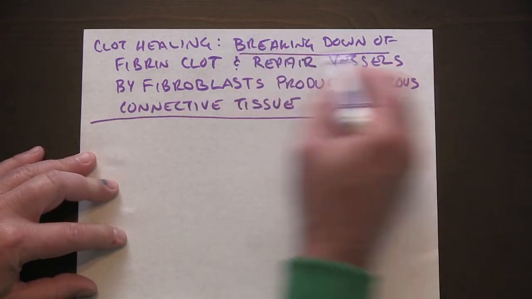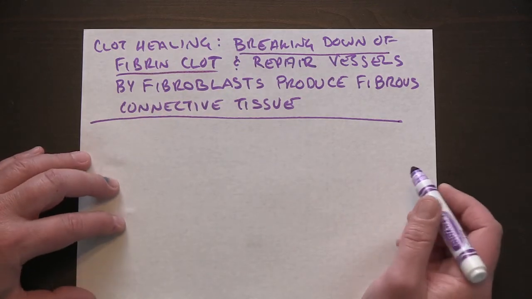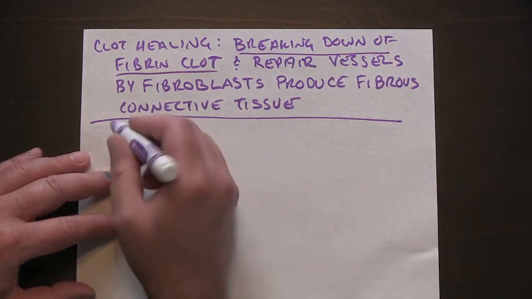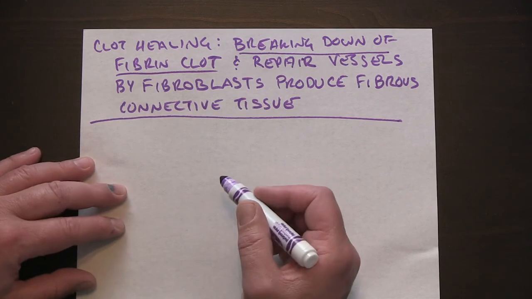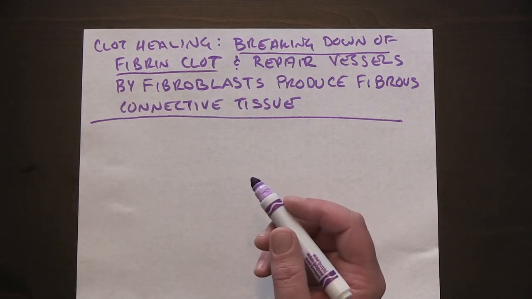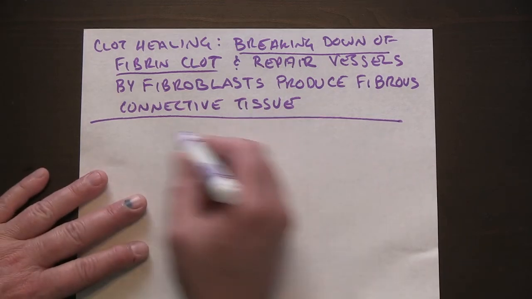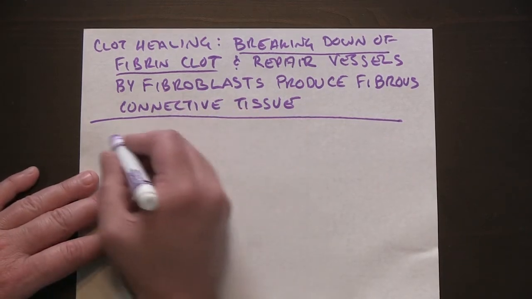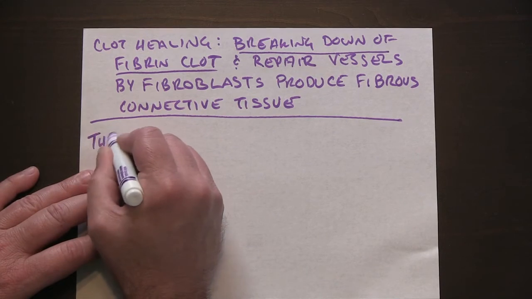If this does not happen, that can be a problem. Normally the blood flow will prevent clots from forming where they shouldn't. If they do form, it's called a thrombus.